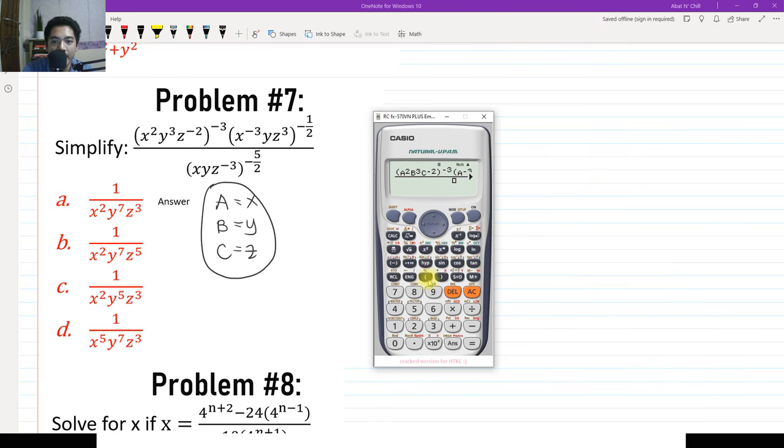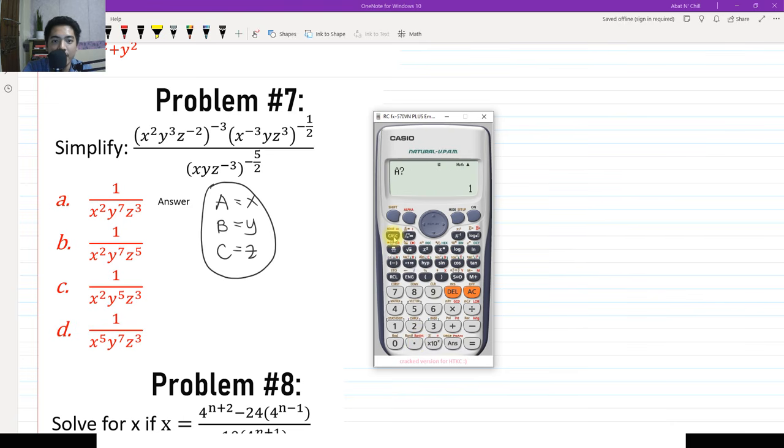And then the denominator, parenthesis, we have alpha a multiplied by y, which is alpha b, and then z, alpha c, and the c is raised to negative 3. And then all of them are raised to negative 5 halves, so negative 2.5 in decimal.